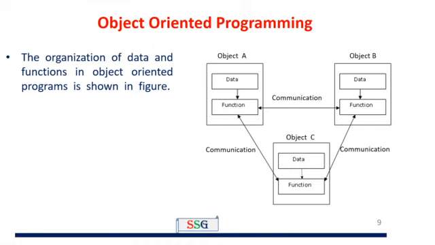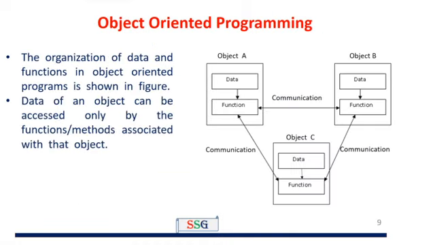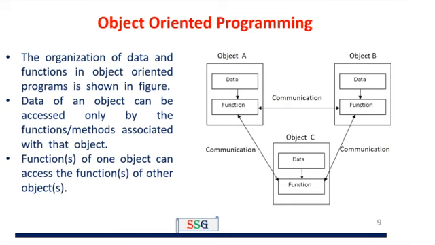The organization of data and function in OOPS is shown in the figure. Here the data of an object can be accessed only by the functions or methods associated with that object. What is the meaning of this? Consider this figure. There are three objects: object A, object B, object C. Assume that all the objects belong to the human community. That means human beings.